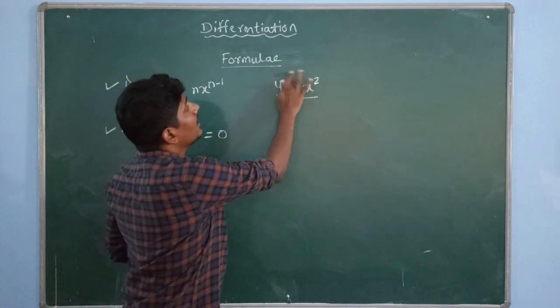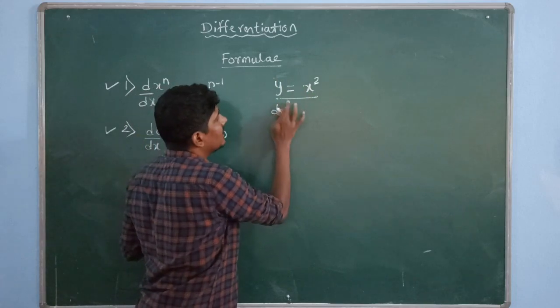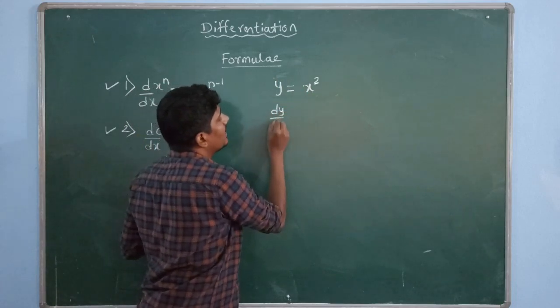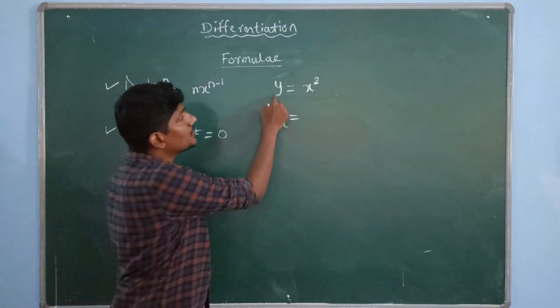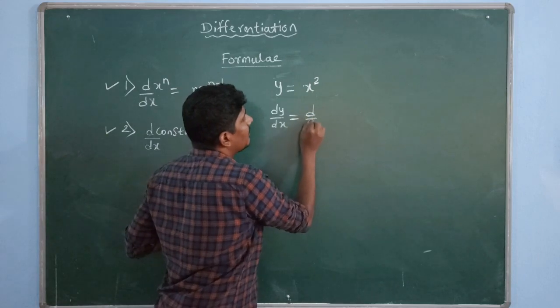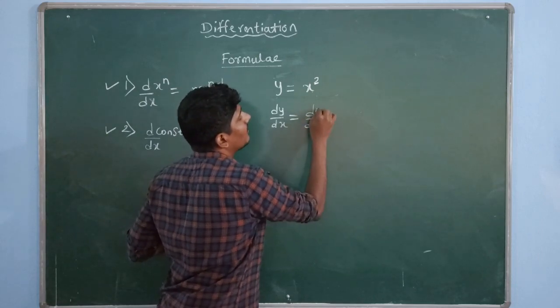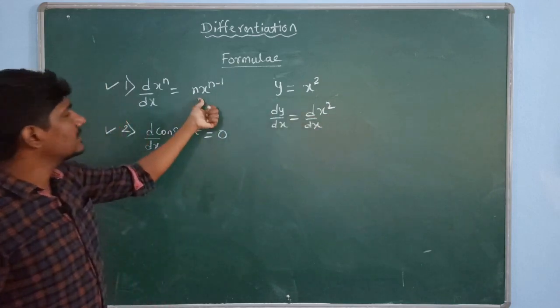Now you need to differentiate y with respect to x. Let's write dy by dx. What is the meaning of dy by dx? Rate of change of y with respect to x. So d by dx of x square. Use this formula.